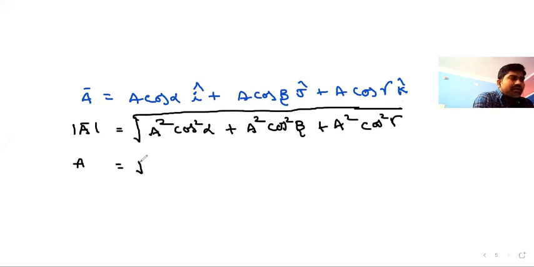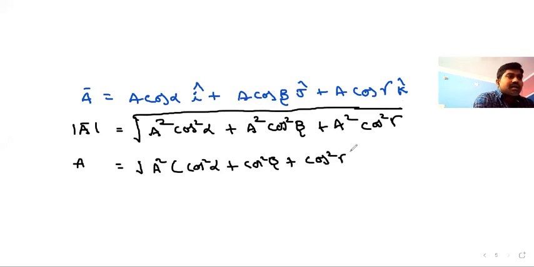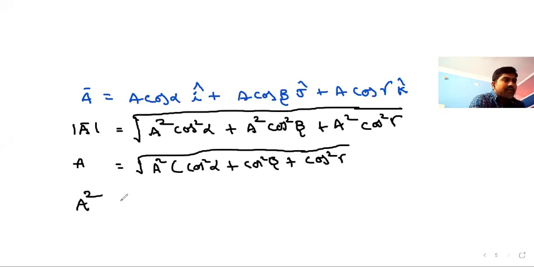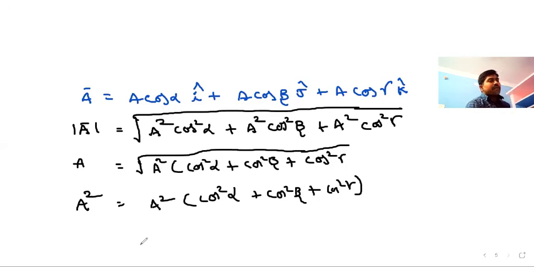And this is equal to root over A square taken common, then cos square alpha plus cos square beta plus cos square gamma. Now, by taking square on both sides, A square will be equal to A square into cos square alpha plus cos square beta plus cos square gamma. And of course, A square and A square will get cancelled.